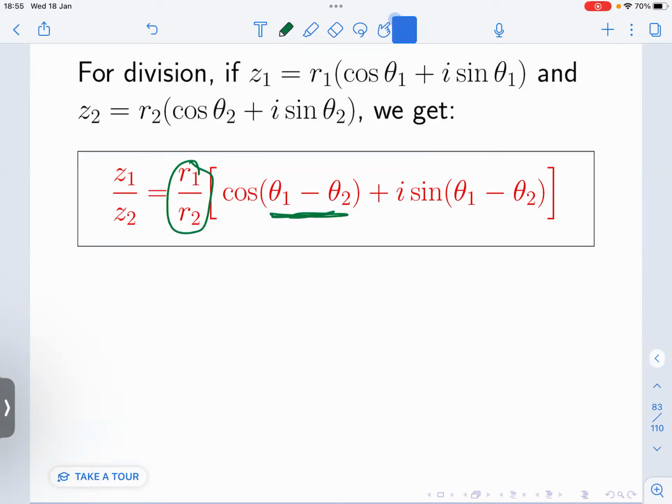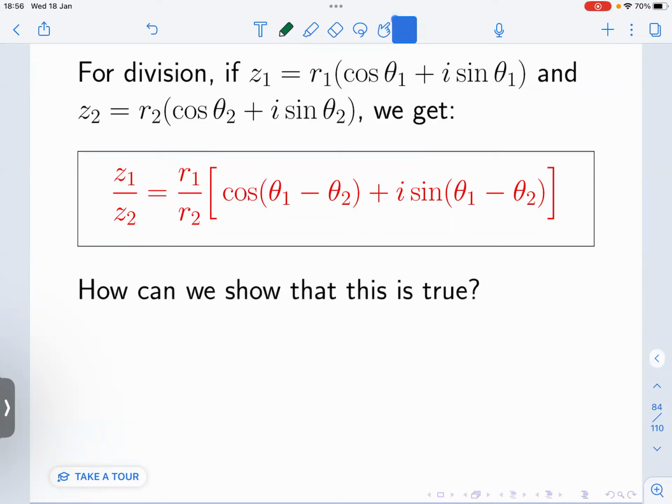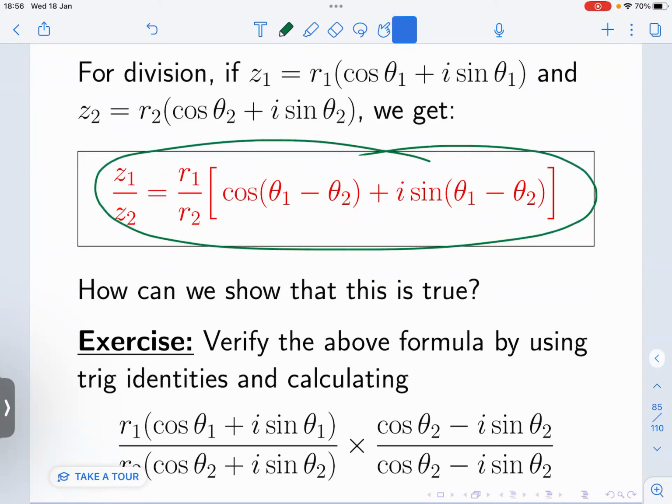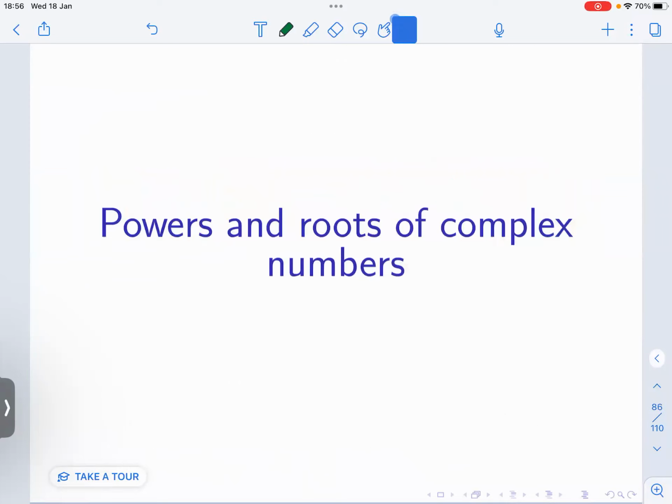To show that this is true, the derivation comes from the fact that for division of complex numbers, you multiply both the numerator and the denominator by the conjugate of the complex number in the denominator, and you should be able to get the same results and show that this holds. The derivation is left out in this case. If you want to, you can verify as an exercise that you get the same formula.